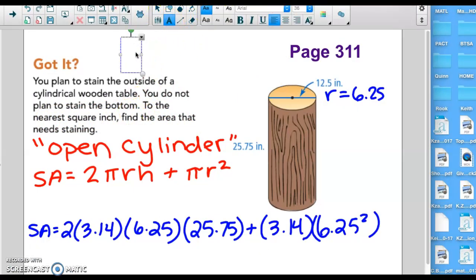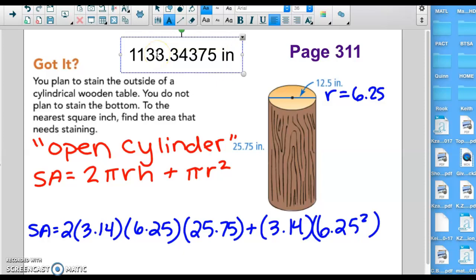So if I'm putting this in, I'm going to do inches to the power of 2. But I need it to the nearest square inch, so I'm going to round to the nearest whole. Since this is a 3, I don't have to round this up to 4. So my answer is just going to be 1,133 square inches of staining.